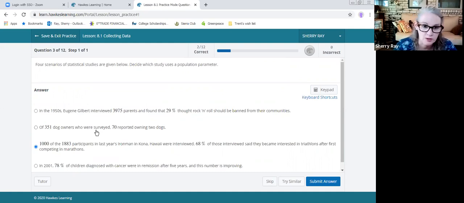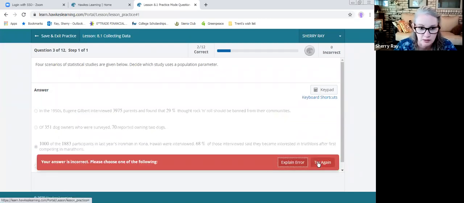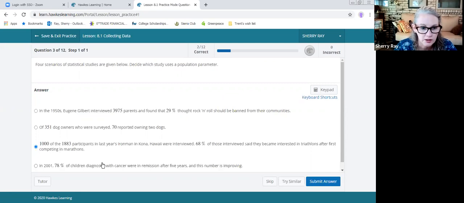Here the dog owners are a sample. Children with cancer, that's a sample. Look at the ones where we think we have a sample, and I believe it's that one here. Oh, try again. Okay.